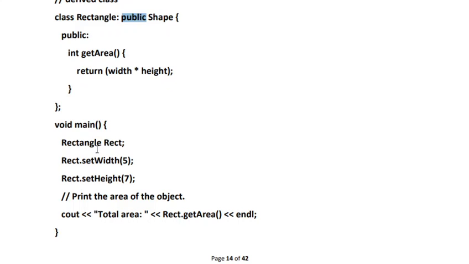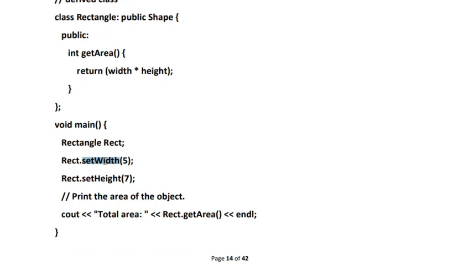Now I have declared an object rect of type Rectangle, where Rectangle is a derived class of Shape. So rect dot set width. I can now access the set width of the base class, because the derived class can access the members of the base class.